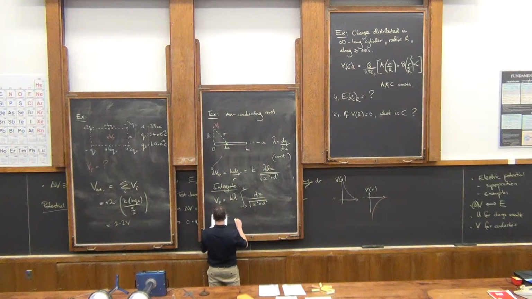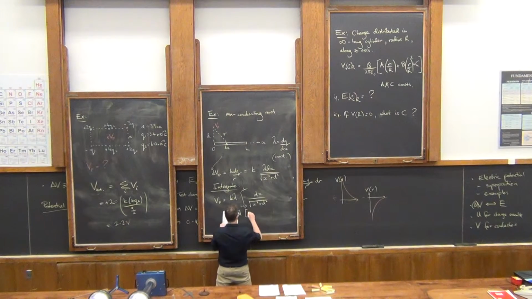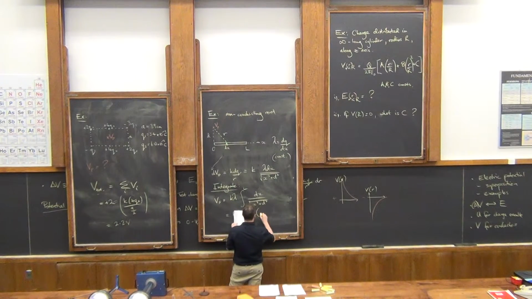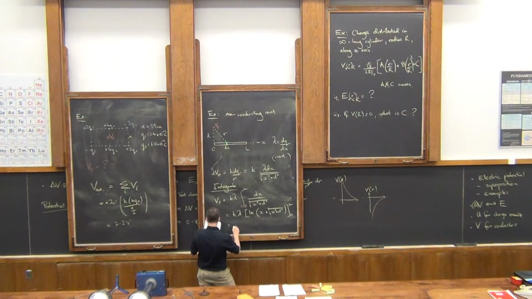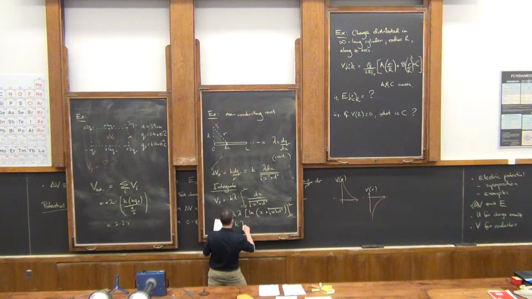So this turned out to be, well, I don't want to do all of this, maybe not so interesting, but k lambda, what is the result of that integral? It's the logarithm of x plus root of x squared plus d squared, evaluated between my limits here. It turns out, if I simplify this a little bit, that it is the following.